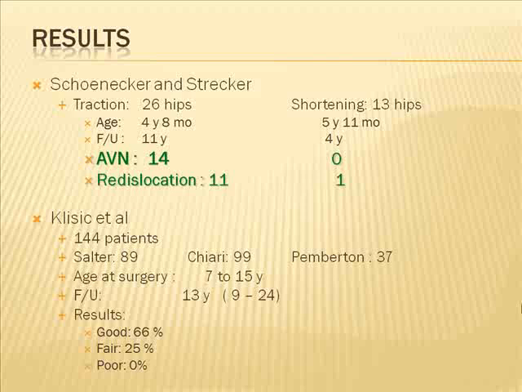But you see with closed reduction after traction, you have a high number of avascular necrosis and dislocations, which decreases with shortening. So I think when you have a question about how tight the hip is, shortening should be used. And the same with Klisic, and these are much older patients, and they have a fair amount of patients with very good results.